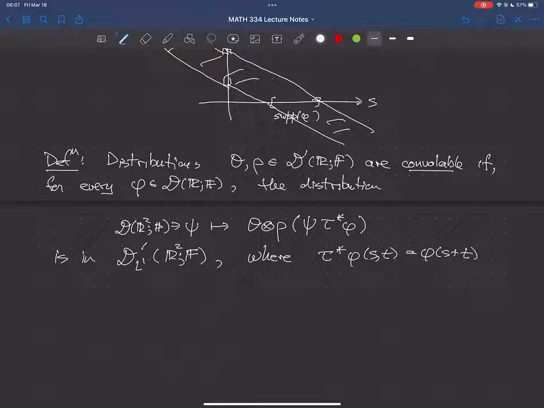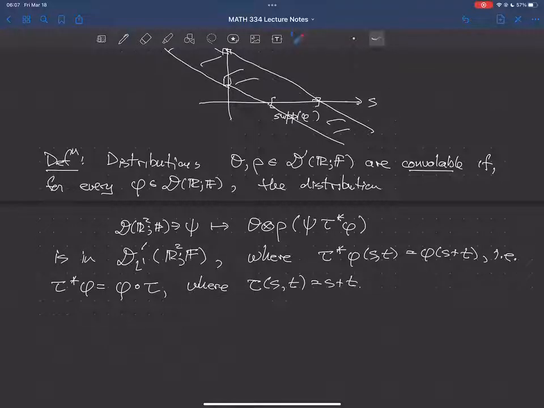So tau star phi is phi composed with tau, where tau of S and T is S plus T. I have this simple function tau of two variables, which just combines the arguments like so, and then phi is just that.